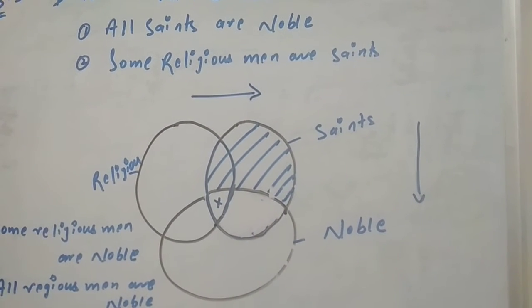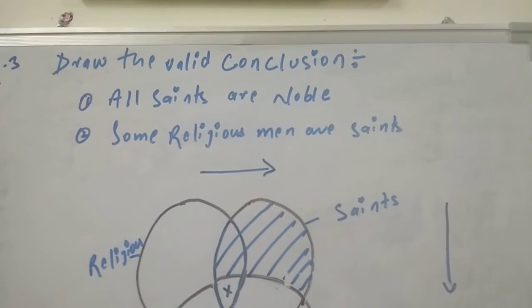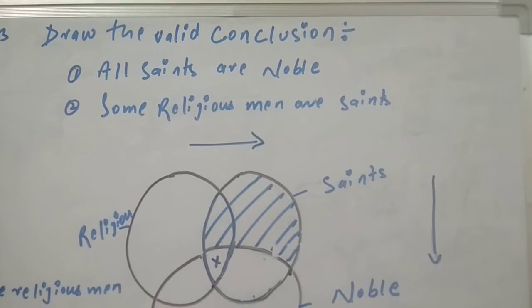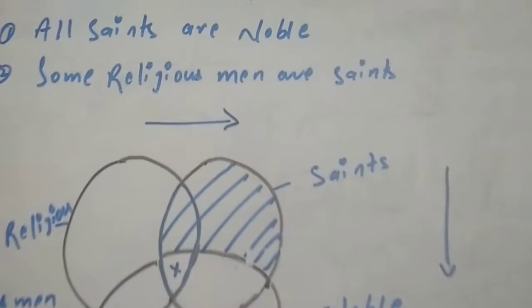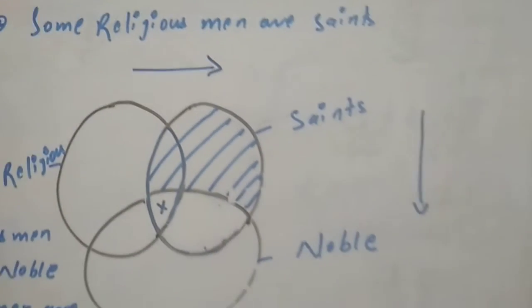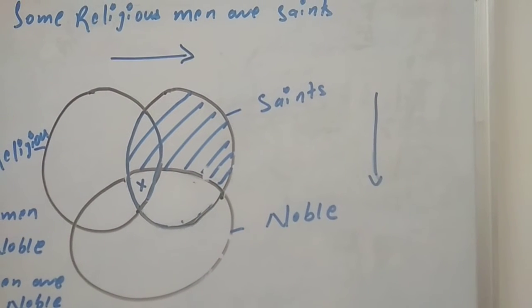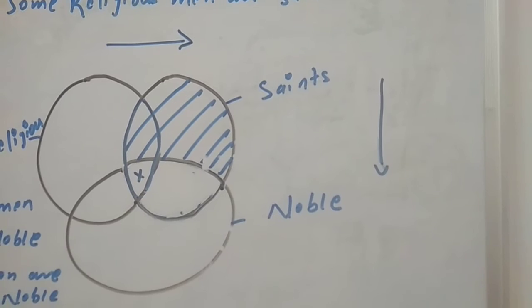Now we understand the relationship he is describing. First statement is saying all saints are noble. So that means the relationship exists between the saints and noble. Here we have one diagram representing the noble and second representing the saints. Now we see where they are intersecting each other.